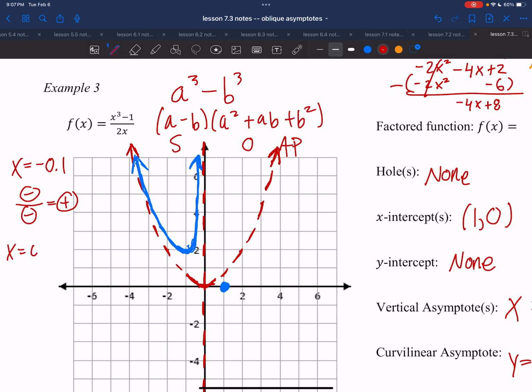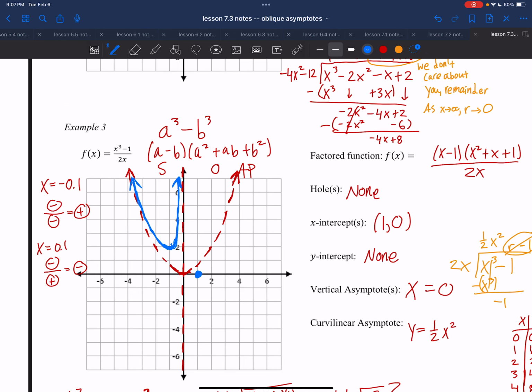X is going to be 0.1, which means 0.1 cubed is a tiny positive number. -1 becomes negative. And 2 times a positive is positive, so that's a net negative.